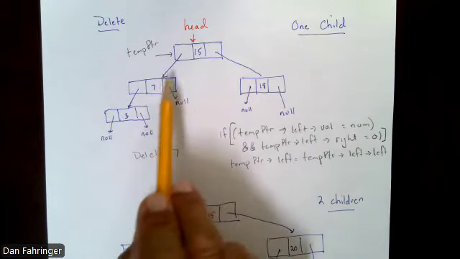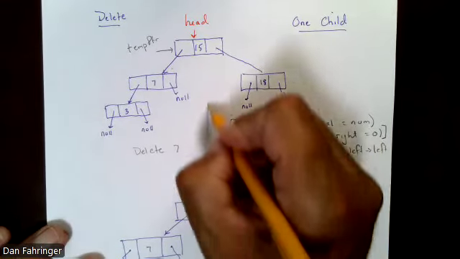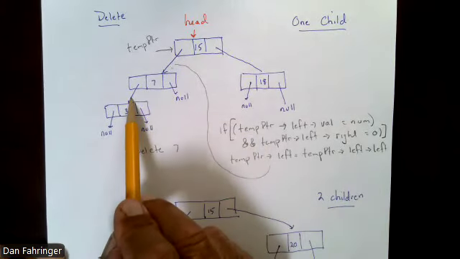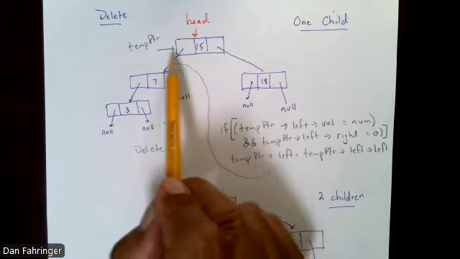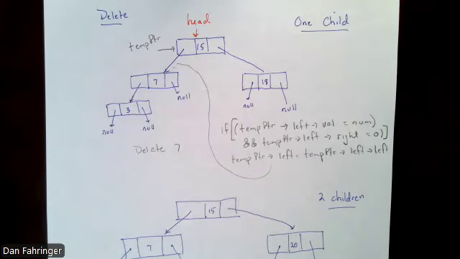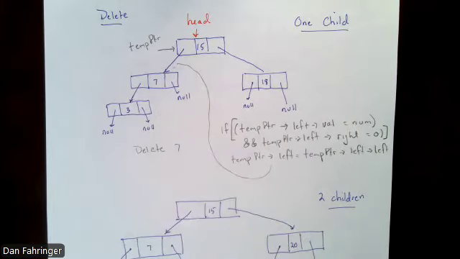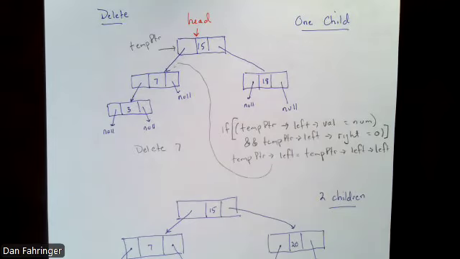Temp pointer's left, that's this guy. That's this address. Temp pointer's left would now get temp pointer's left's left, which is that address. So this guy would now point there. And again, we could have something saved so that we can delete the node from memory if we want. Quite a few of you did that in the last program, which is a good job, freeing up the memory. But I just wanted to look at a situation like that.